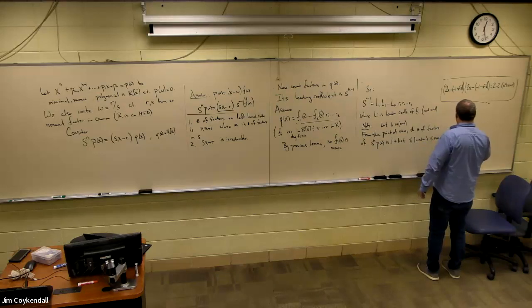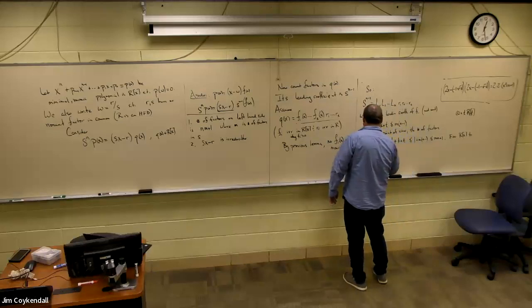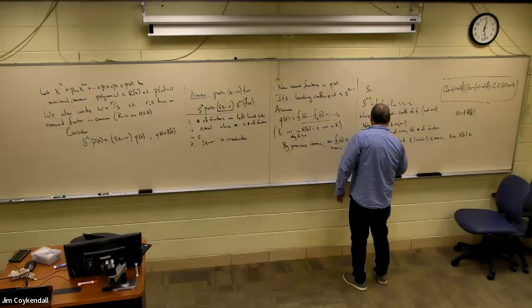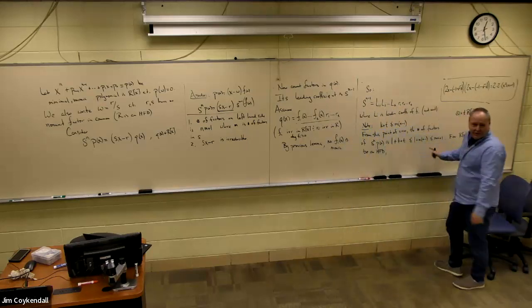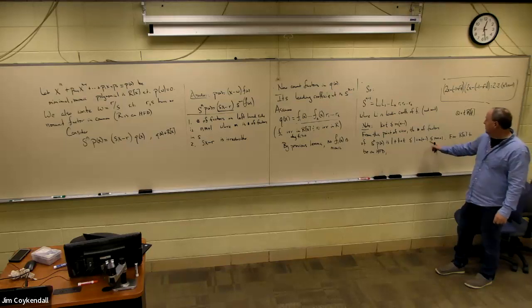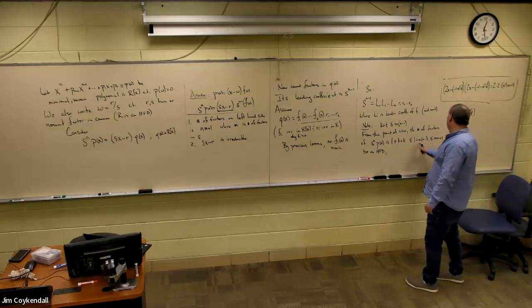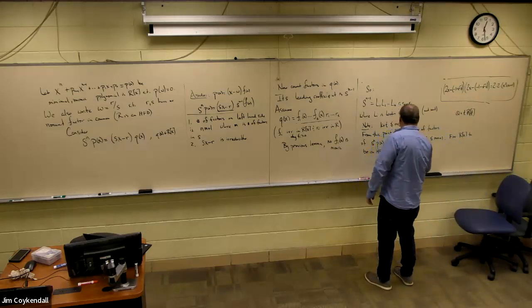For R of x to be an HFD, this has to be one big fat string of equalities. Right, so in particular, what you need for this to be an equality is one plus mn minus m equals 0.